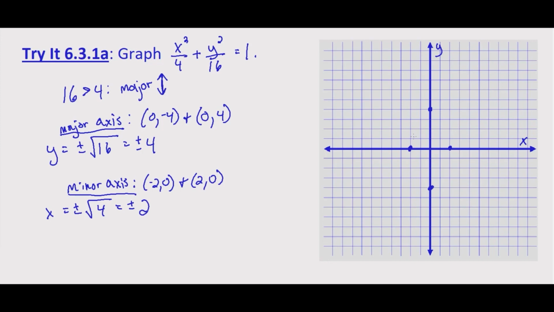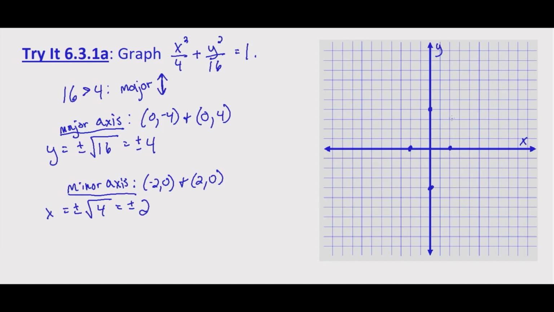Now we'd get decimal values unless we knew the point that would have whole number values. Chances are you're going to have values that are perfect squares in your denominators for now. But if we wanted to find additional points, we could plug in an input, get out an output, and plot that point.